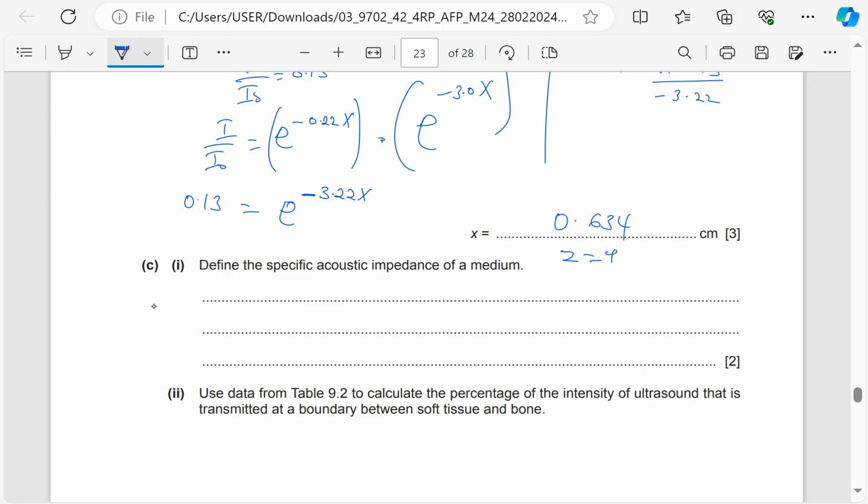Define the specific acoustic impedance of a medium. We know that Z is equal to rho times C, the density of the medium times the speed of the ultrasound in that medium. So I'll simply say product of the density of the medium and the speed of ultrasound in the medium.